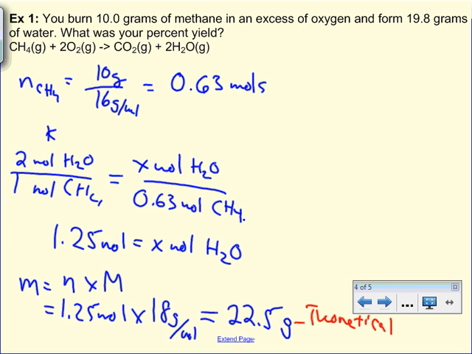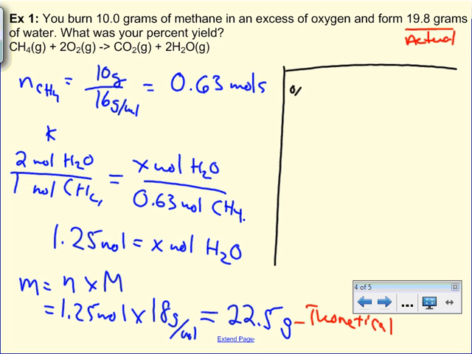So that's my theoretical yield. So my actual yield up here, I have to divide my actual by my theoretical and multiply it by 100. I'm just going to partition off some space. So percent yield is going to be my actual over theoretical times 100.